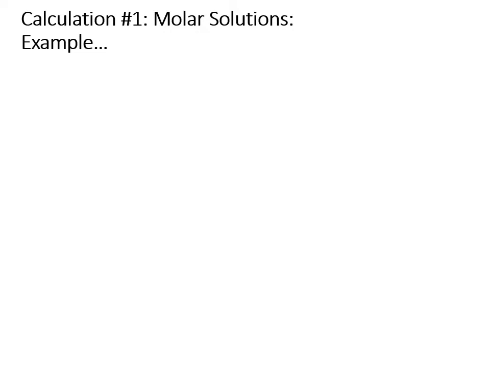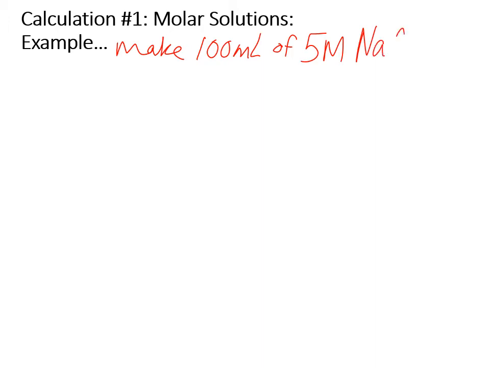Okay? So now we're going to tackle the first example. For the first example, I'll say you want to make 100 milliliters of 5 molar NaCl. The first thing that you're going to want to do is ask yourself, what is the molecular weight of NaCl?